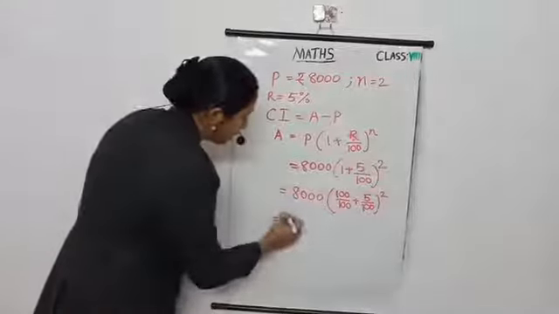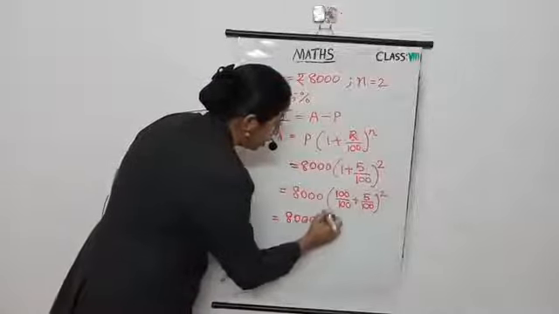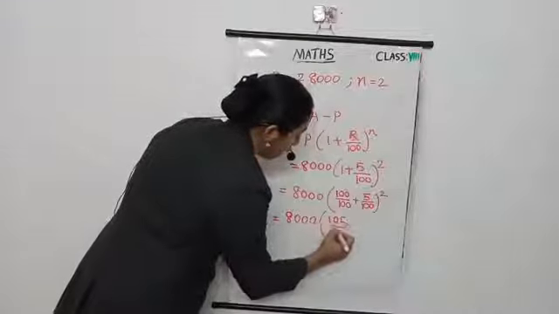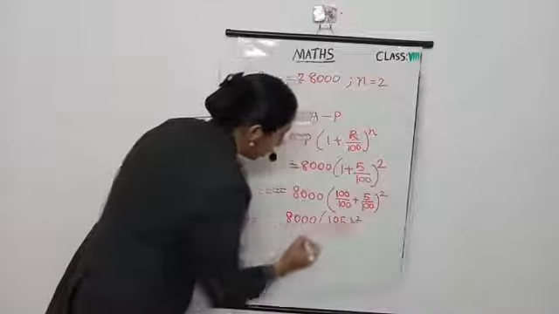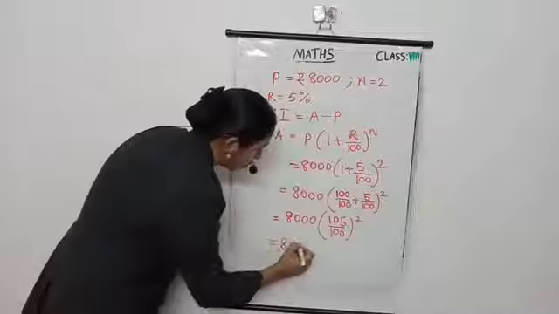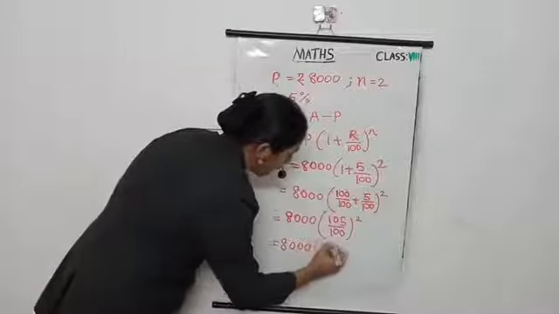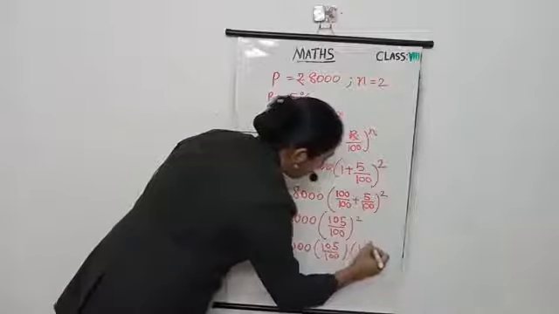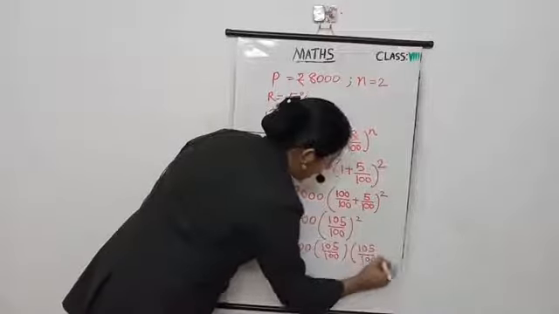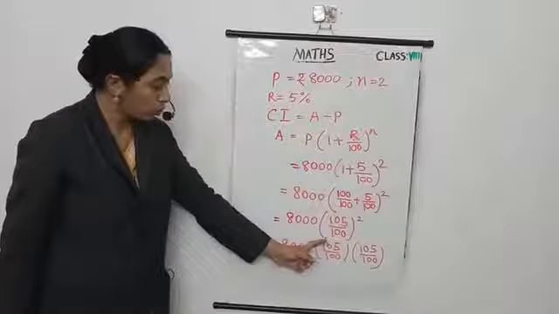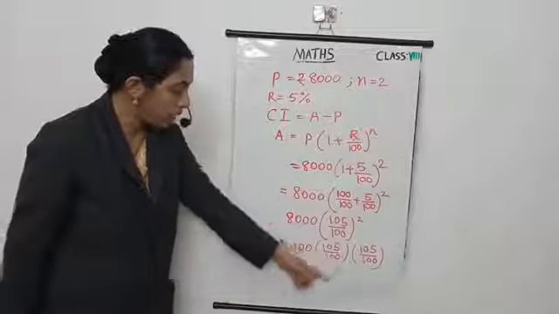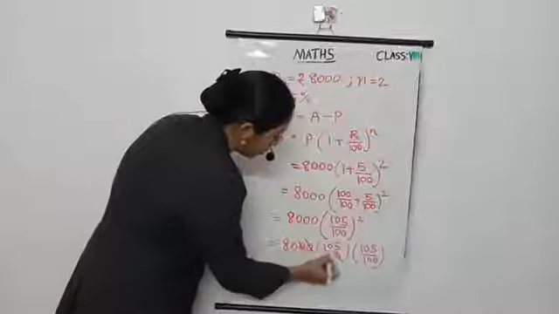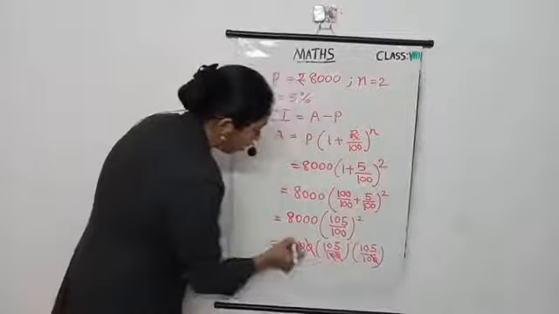Now this is equal to 8,000 into 100 plus 5, 105 by 100 all square. Now this is equal to 8,000 into 105 by 100 into 105 by 100, because this is all square. Now we can cancel the zeros.